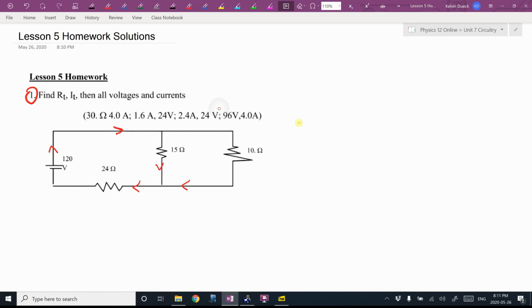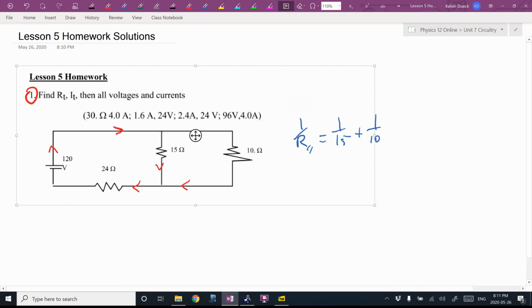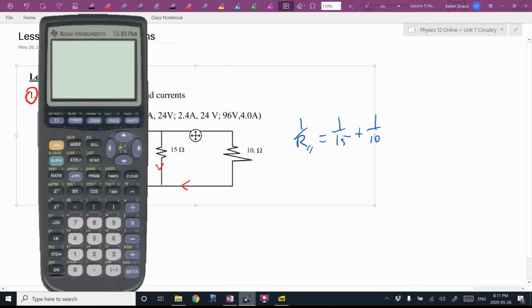I'm going to go 1 over R parallel is 1 over 15 plus 1 over 10. Using my trusty reciprocal button, 15 reciprocal plus 10 reciprocal equals reciprocal. That's a 6 ohm resistor.